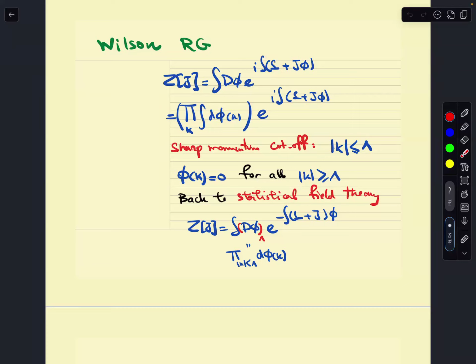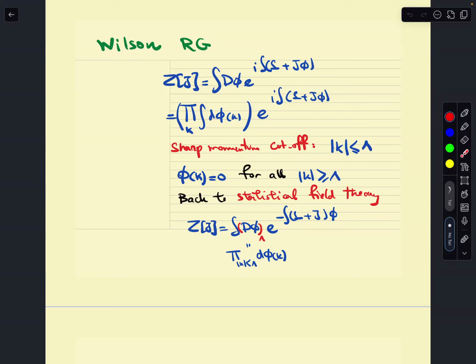Now, our experience from free field theory from QFT1 showed us that this path integral could be written as a product over integrals, each integral corresponding to a momentum mode. So this is a continuum worth of integrals, because we saw in QFT1 that each momentum mode was independent and became an independent harmonic oscillator in a free field theory.